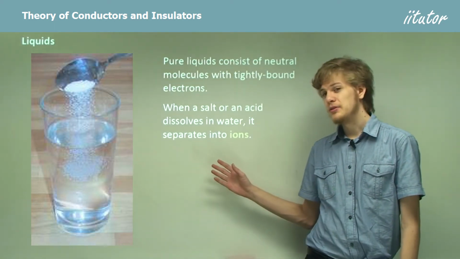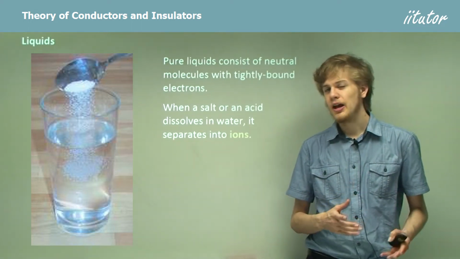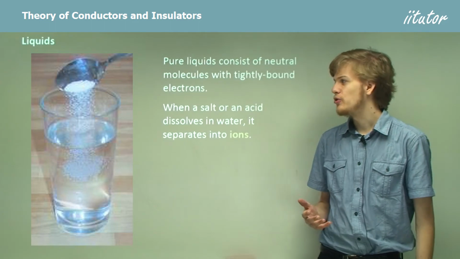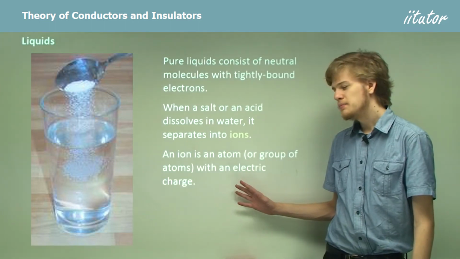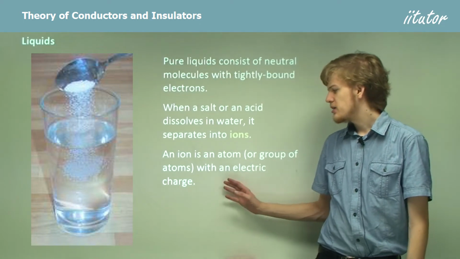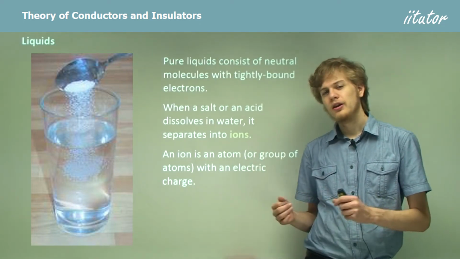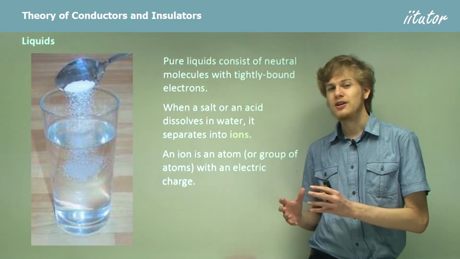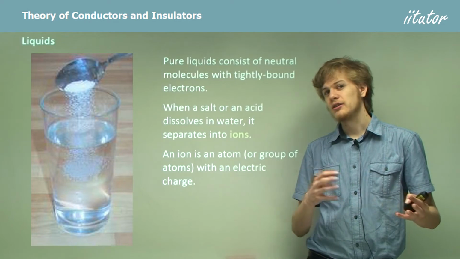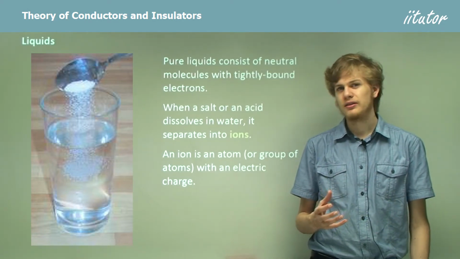If we choose an acid instead, one of the ions will be a set of hydrogen ions, and the other ion will be specific to the acid that we're using. So an ion is simply an atom or a set of atoms that has an electric charge. In the case of table salt, the sodium ion has a positive charge and the chloride ion has a negative charge. This means that if we take salt as a whole, equal parts sodium and chloride, it's electrically neutral.